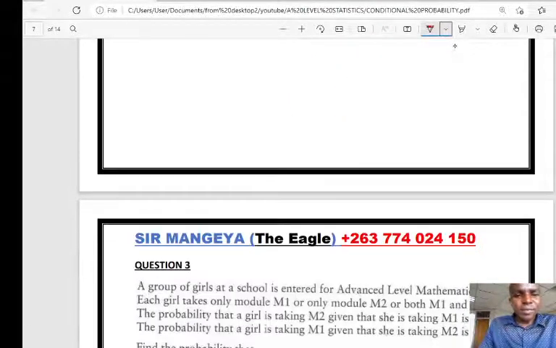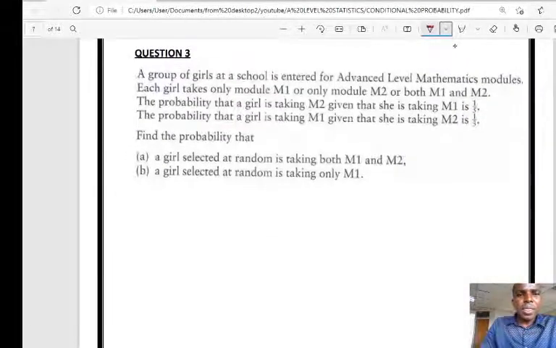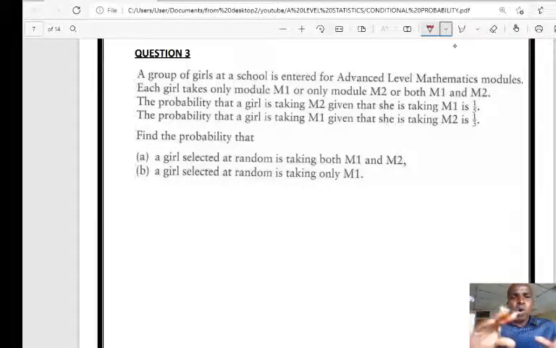Next question. Question number 3. A group of girls at a school is entered for advanced level mathematics modules. Each girl takes only module M1 or module M2 or both M1 and M2. This statement means that there is no girl who is not taking any of these modules.